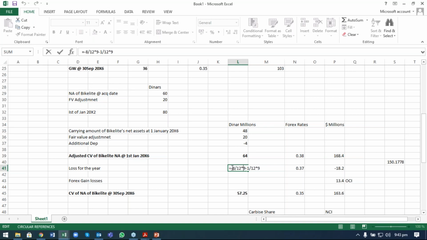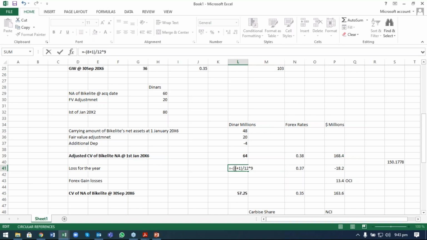So if you have a confusion in this working, I'm going to remove this one and I'm going to increase the loss further by another 1 million, right? Minus 1, or you are going to add it up. I'm going to add this one, and minus sign should be reported out of the brackets.